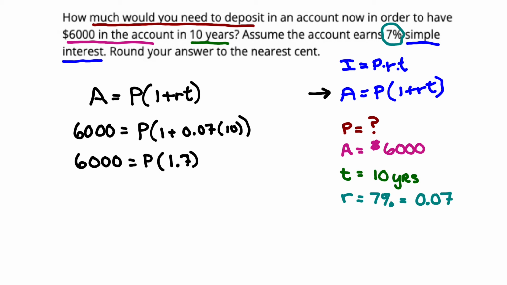And how do we solve for P, our principal, which is unknown? Well, we have to isolate the P. But since the 1.7 is multiplied by the P, we use that multiplication division property of equality. We're going to divide both sides of our equation by that value 1.7.